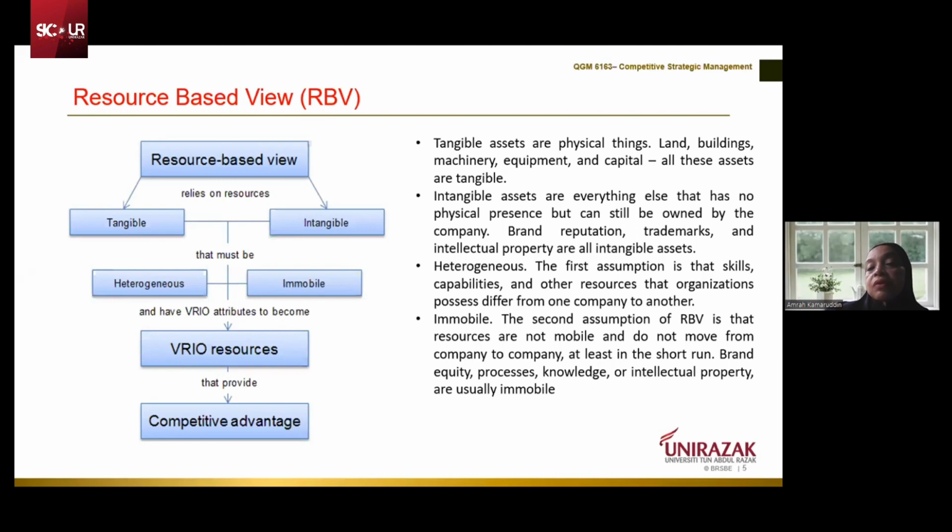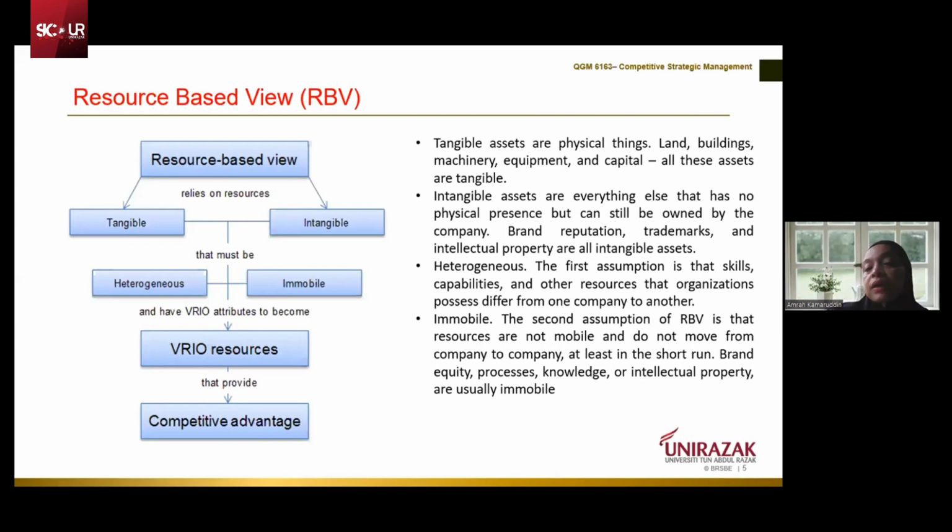Intangible is something which you cannot see, for example the branding and intellectual property. Intellectual property is intangible, for example copyright, trademark, service mark.